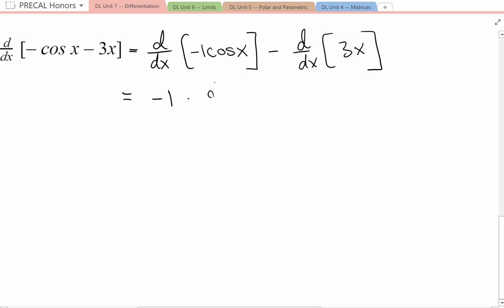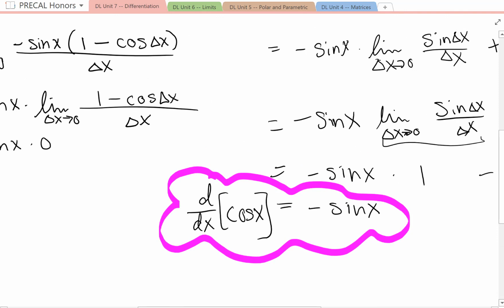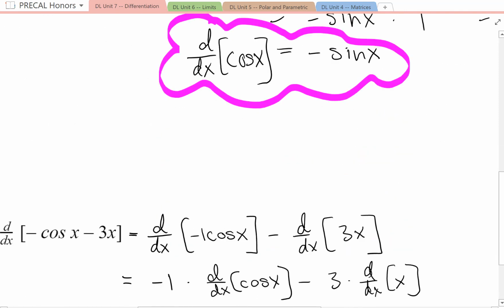Negative 1 times the derivative of cosine x minus 3 times the derivative of x. Negative 1 times the derivative of cosine x is negative sine x.